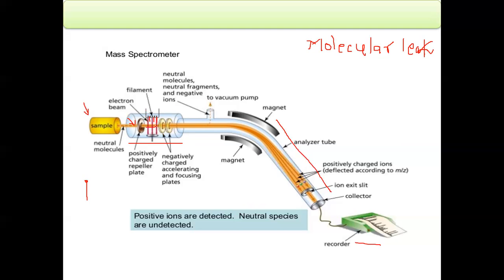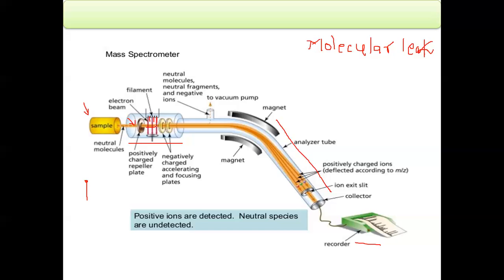When the sample is bombarded with these high energy electrons, the molecules get converted into ions. That is, the ionization process is occurring in this region. That's why the chamber is called the ionization chamber.